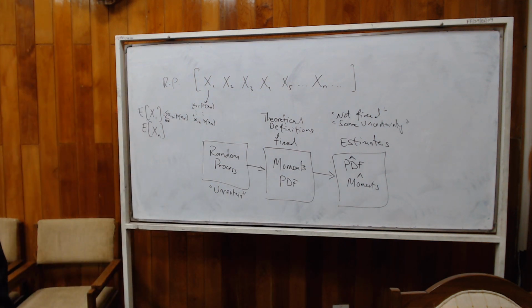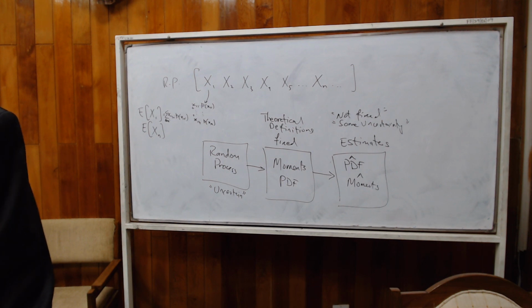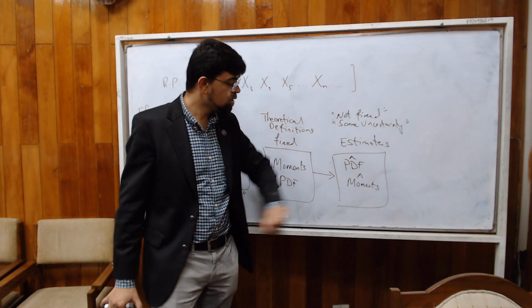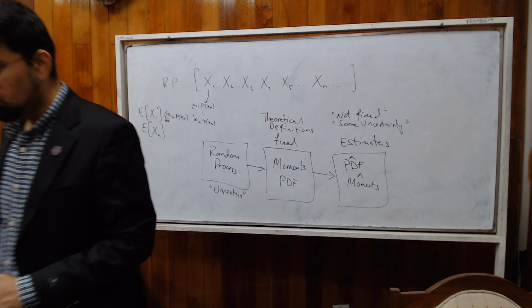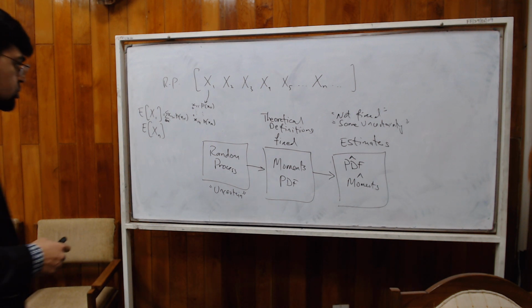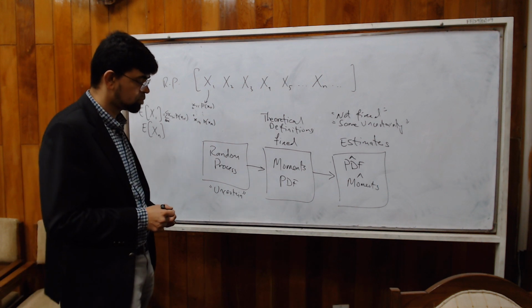So in today's lecture, we will see, if you are going to estimate, when an estimate is possible, how to find it, and what a good estimate is. You can always make an estimate; that is not the issue. The moments are fixed, then how are they random, and how do you estimate this?